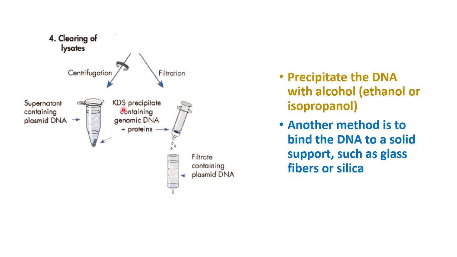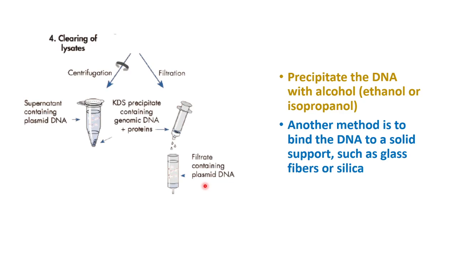Both techniques can be used. In the first case, it is a precipitation of plasmid DNA. In the second case, the plasmid DNA will be immobilized in the column and later eluted, so that we get the pure plasmid DNA.